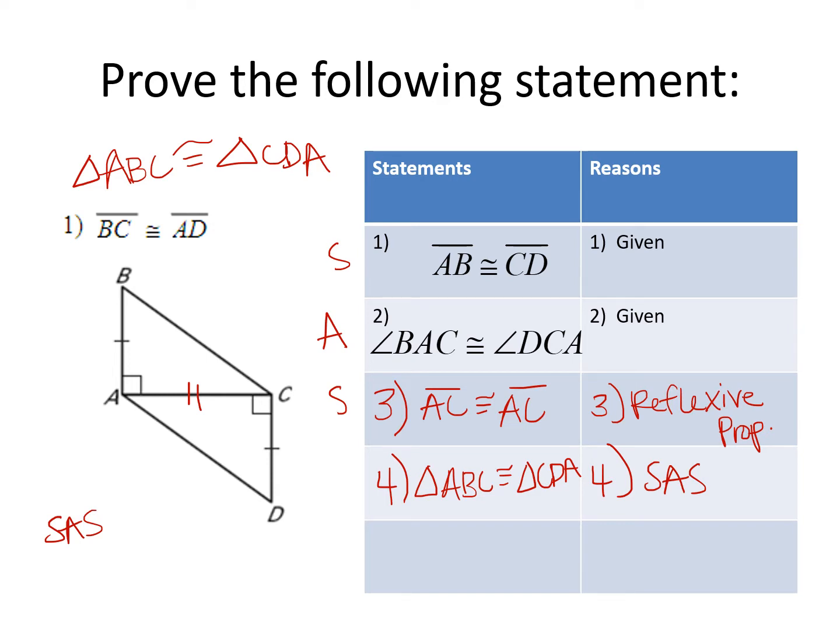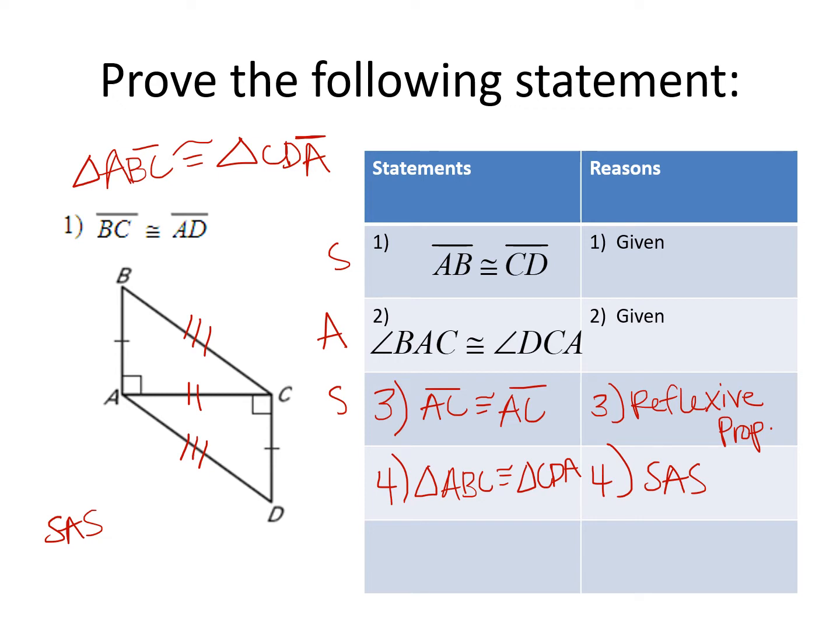Now, if I look at this statement, can I say that BC is congruent to AD? It looks like I can. I can prove that because they would be corresponding parts on these triangles. So if you look at BC here and AD, those would be the same parts of those triangles. If I were to turn this bottom triangle upside down, it would land right on top, and AD and BC would be right on top of each other.